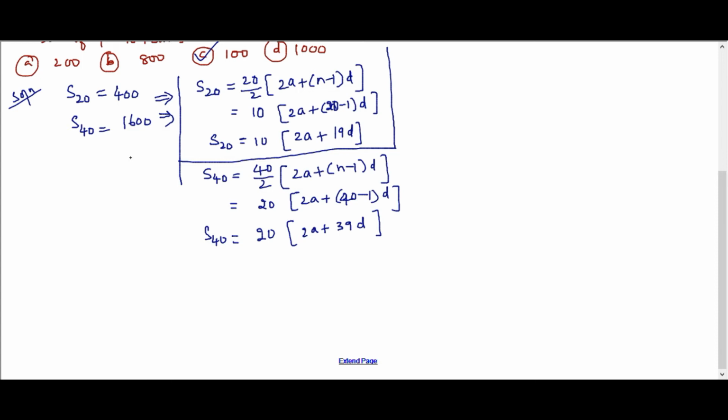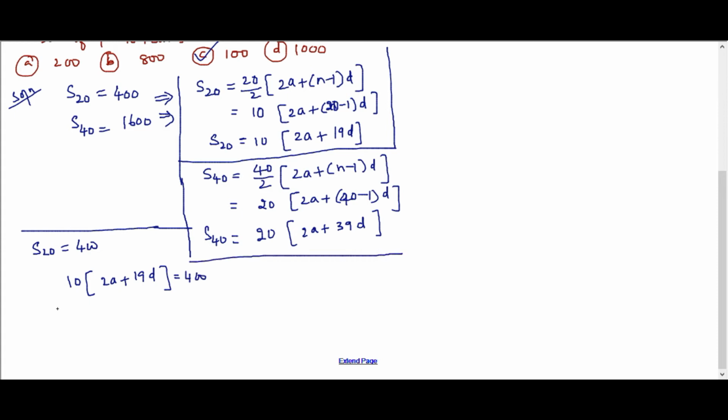Now I replace this one. So 10 times 2a plus 19d, which is S20. S20 equals 400, correct? So I start solving here. It should be equal to 400. So 2a plus 19d is how much? 400 by 10, because it's in multiplication, of course.